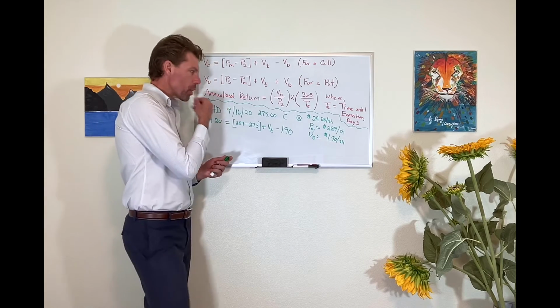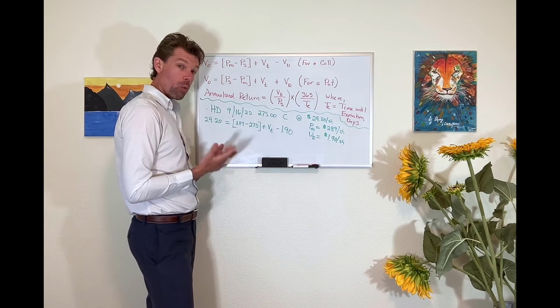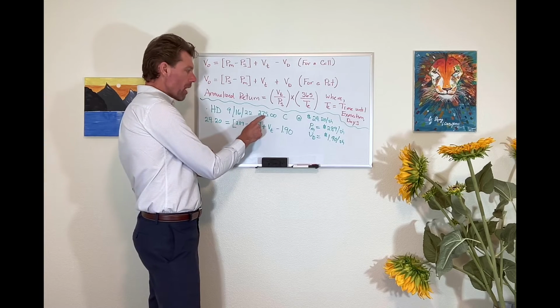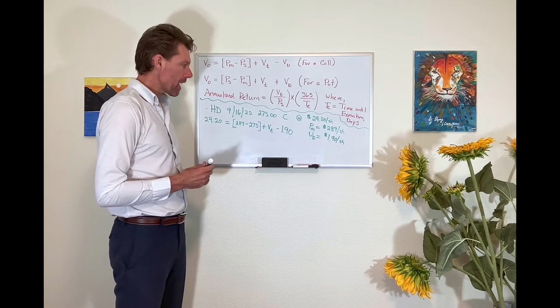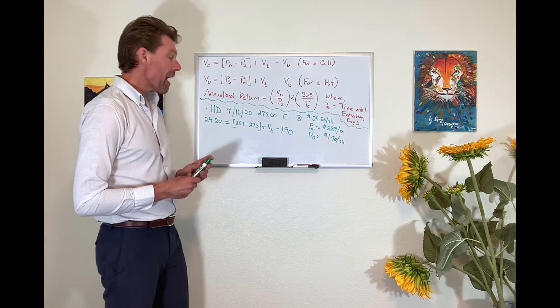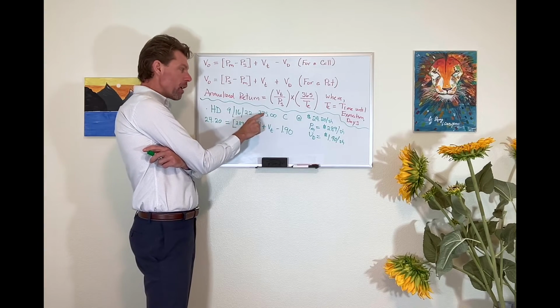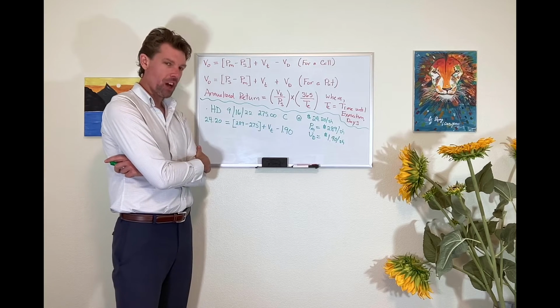Well, keep in mind, with this contract, you control 100 shares for every contract you own, 100 shares at $275. If you were to exercise this call option, that means you would have the right to buy 100 shares at $275.